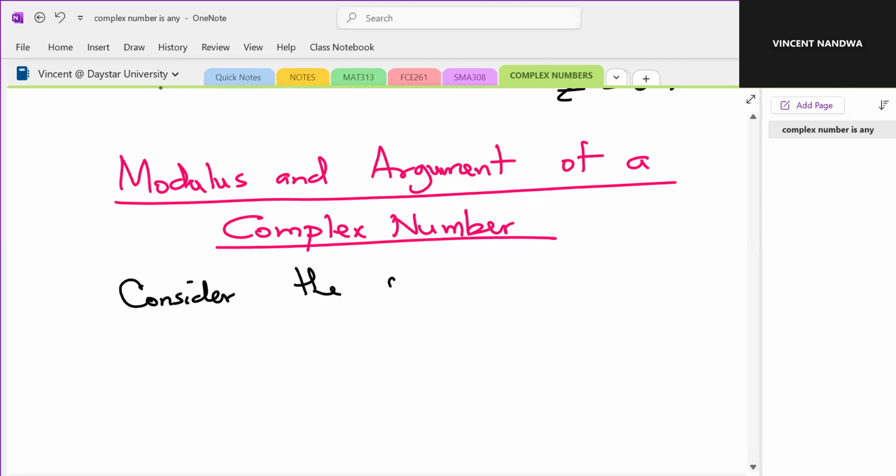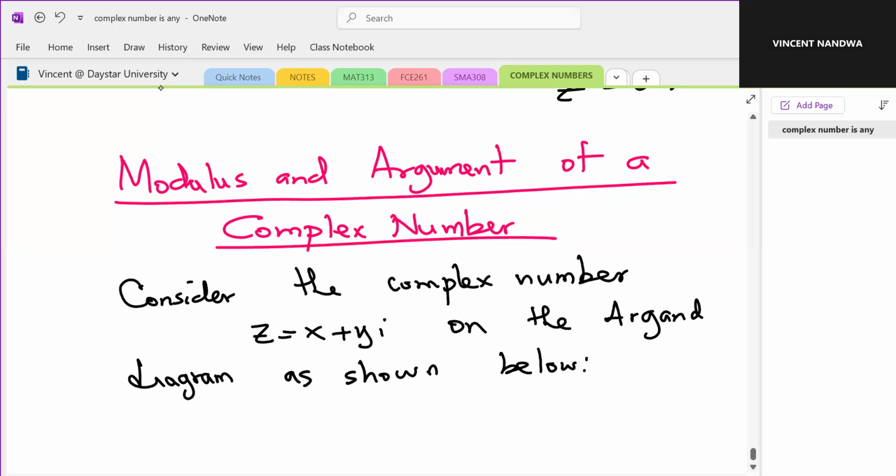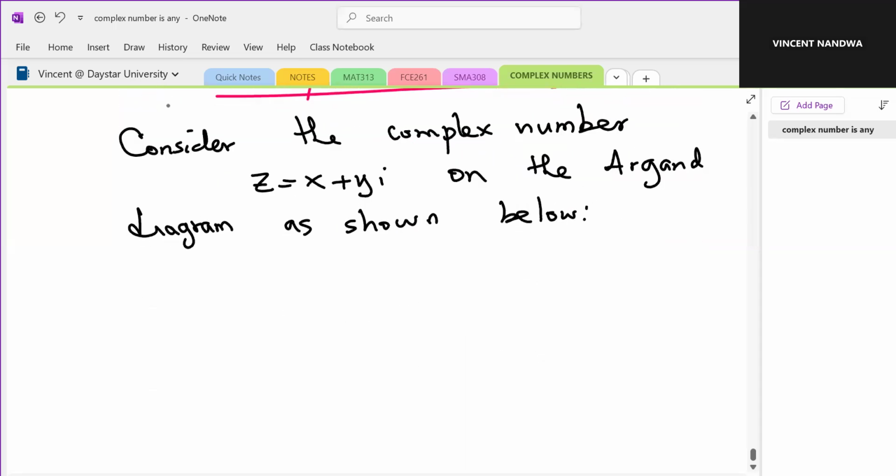So consider the complex number z equals x plus yi on the Argand diagram as shown below. So let this be the imaginary axis.